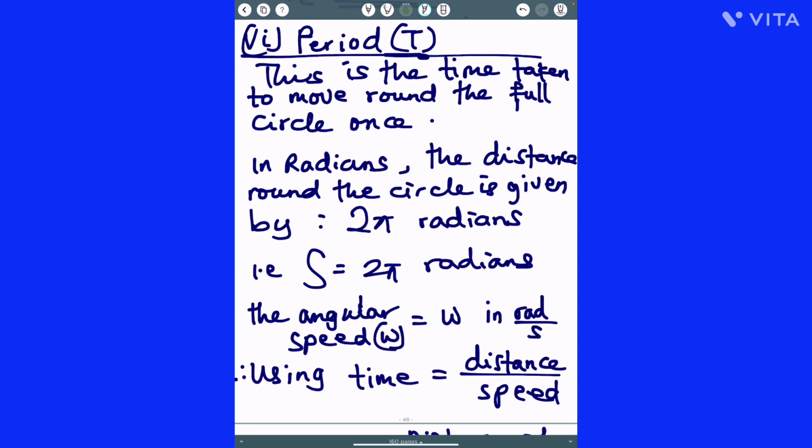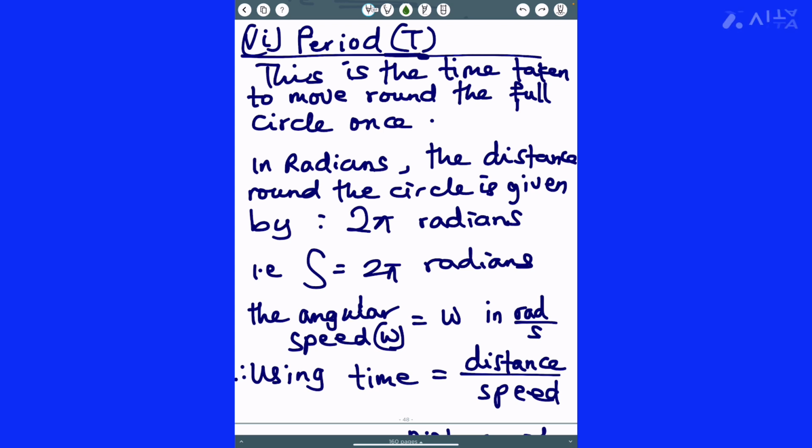In radians, the distance around the circle is given as 2 pi radians. Time is distance traveled over speed. So if something goes around one full cycle, it has traveled an angular distance of 2 pi radians.